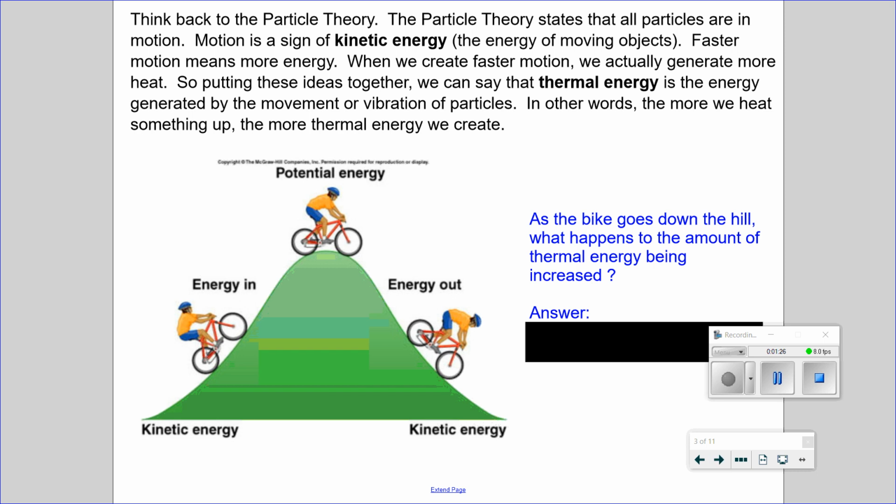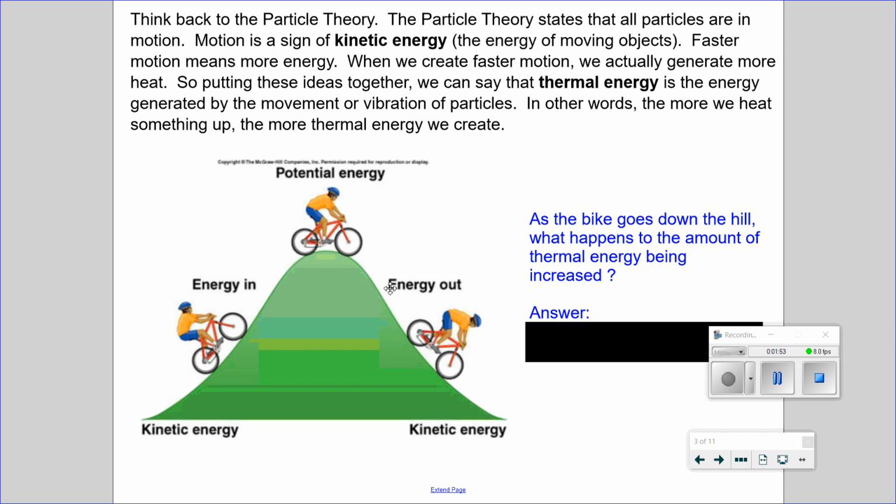So here's a practical example looking at the increase and decrease of kinetic energy. You have a person riding up a hill, so that's an energy input. But at the top, you've got potential energy, and they're going down, the energy is being output.